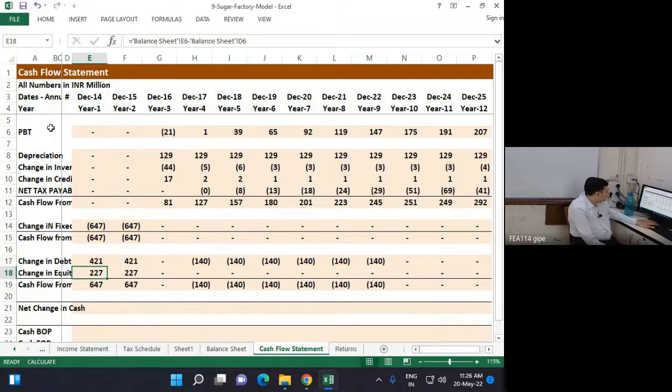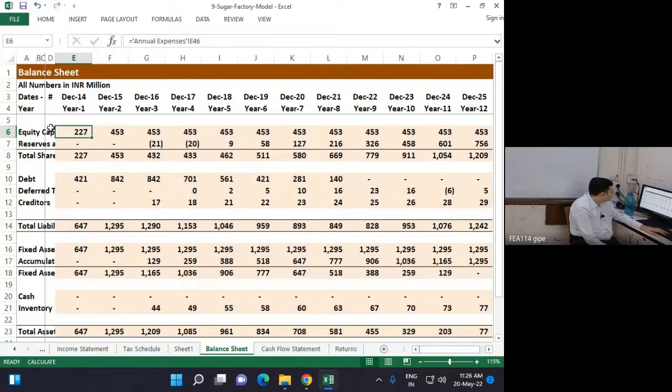Paid-up equity, B6 minus B6 from the balance sheet. Right.